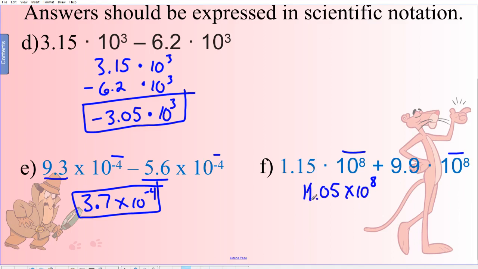My number out front here is too big. So we need to change it into scientific notation, so it's going to become 1.105. The decimal has to be between the first two numbers, times 10 to what power? Well, if this number is too big, that means my exponent needs to get bigger. So 8 changes into a 9 because we're getting one place bigger, so it gets one place bigger.